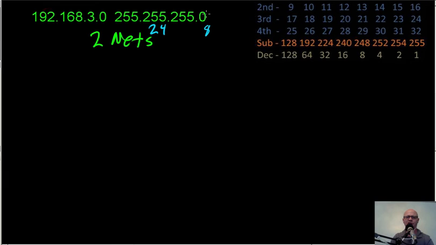So we're actually going to change the subnet mask. And a really quick formula to figure out how many bits you need to borrow is 2 to the n equals number of subnets, because this is one network and we're going to subdivide it into multiple subnetworks.